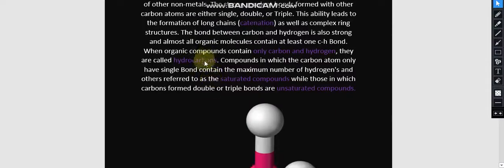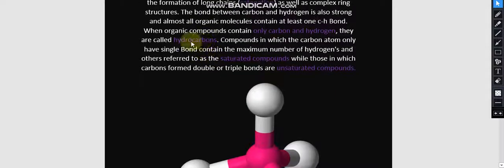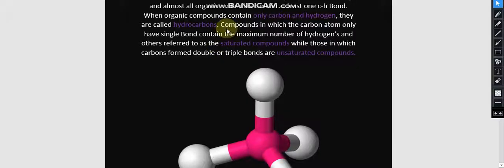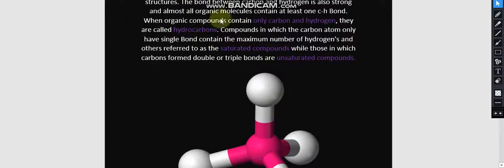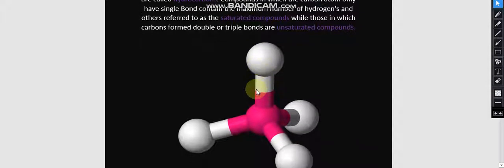That's another very important term you could look up. Compounds in which the carbon atoms only have single bonds contain the maximum number of hydrogens, so you can note that for a moment.